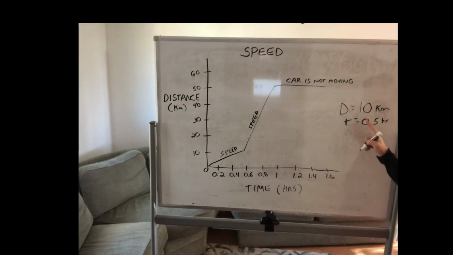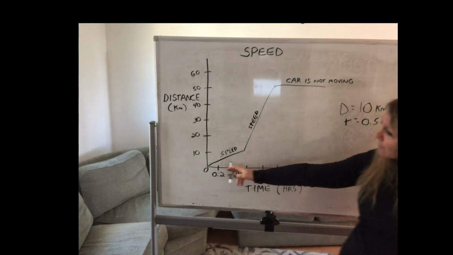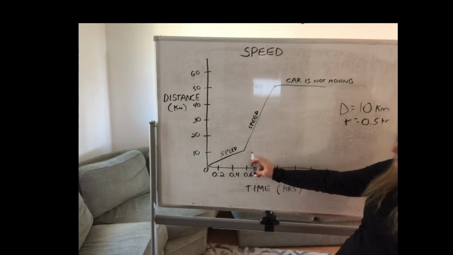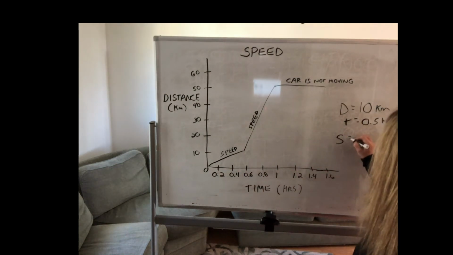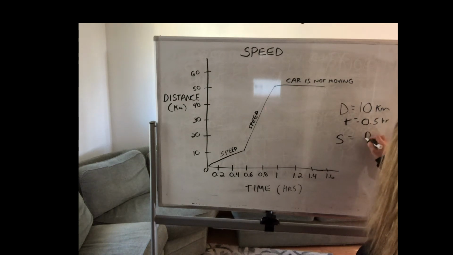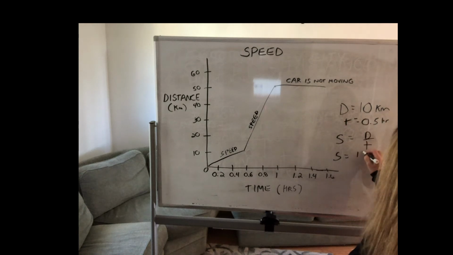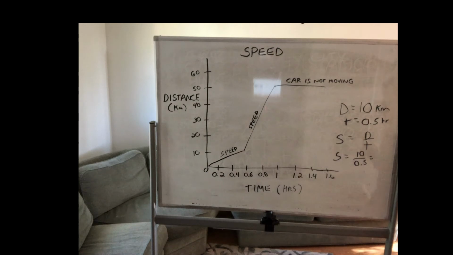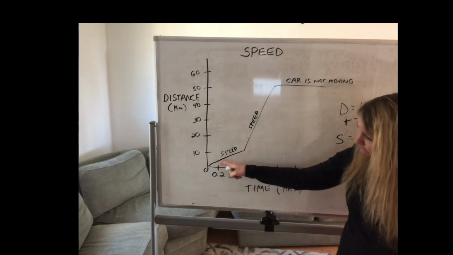So we have the distance, we have the time, we can get the average speed. Now I'm looking for this average speed during this time period. Okay, so it's average. So speed, remember, is distance over time. So speed is 10 over 0.5. That is 20 kilometers per hour. So that is the average speed of the car during this time.